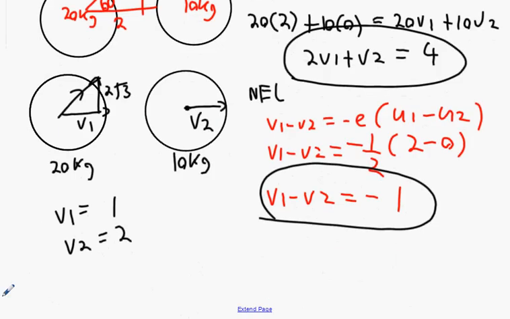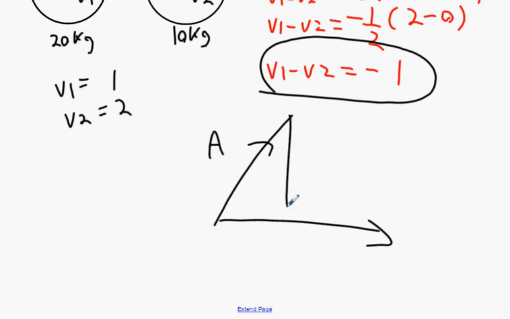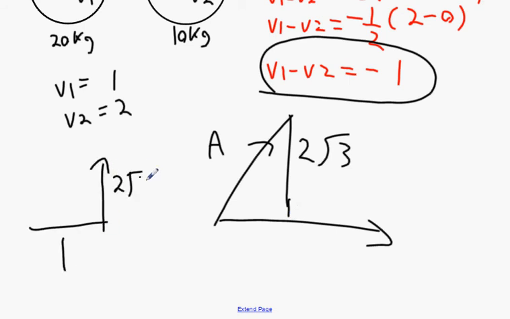This question, people found it quite tough. The second particle is going directly to the right, so there's no worries there. We just need to worry about the angle that A is making. It's going 2 root 3 into the air, and how far is it going across? We got it there a second ago. 1. It's going 1 across, and it's still remaining at 2 root 3 upwards.